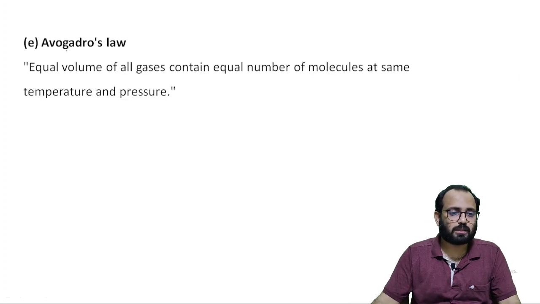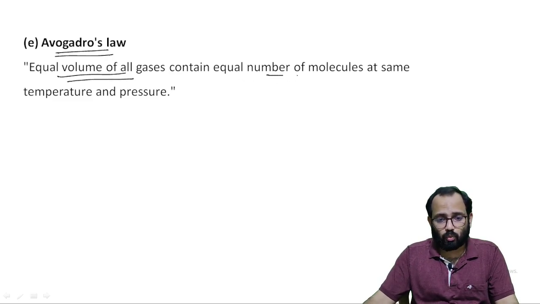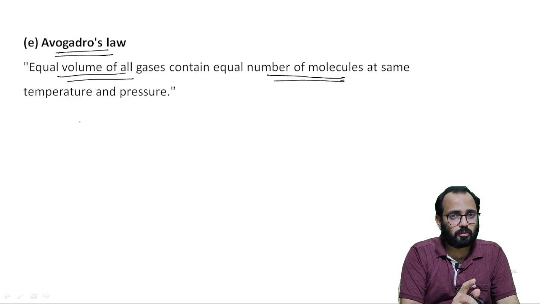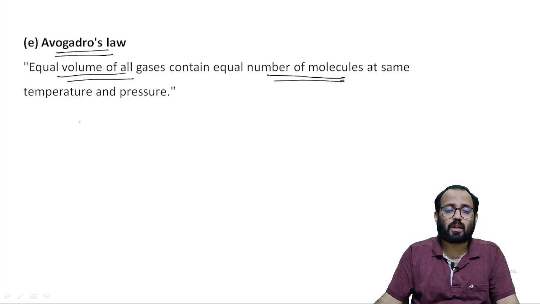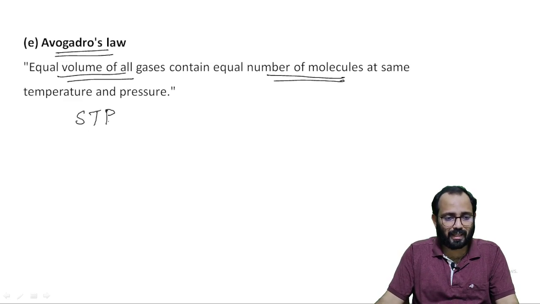Then the next one is Avogadro's law. You will be aware of this law, right? Avogadro's law. What is that? Equal volume of all gases under the same condition of temperature and pressure will contain equal number of molecules. This is that simple, right? Let's say at the same condition of temperature and pressure, I am considering STP.